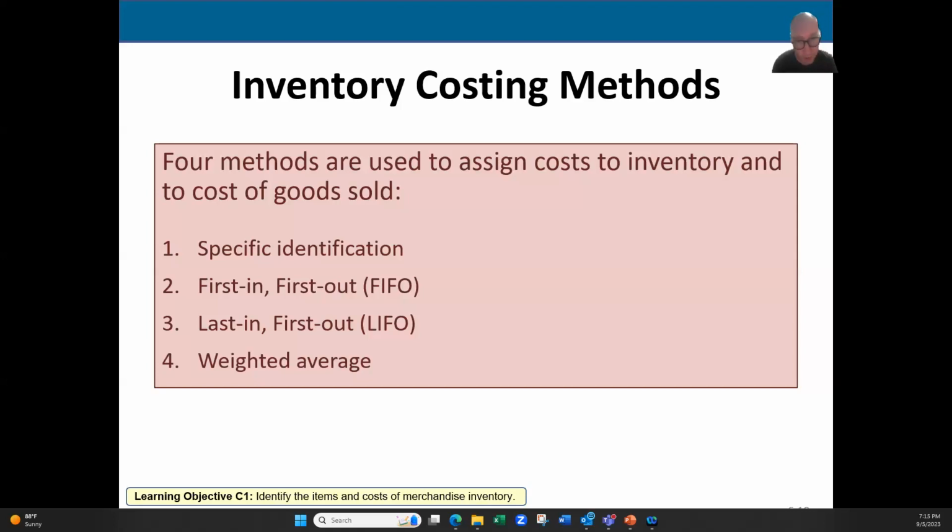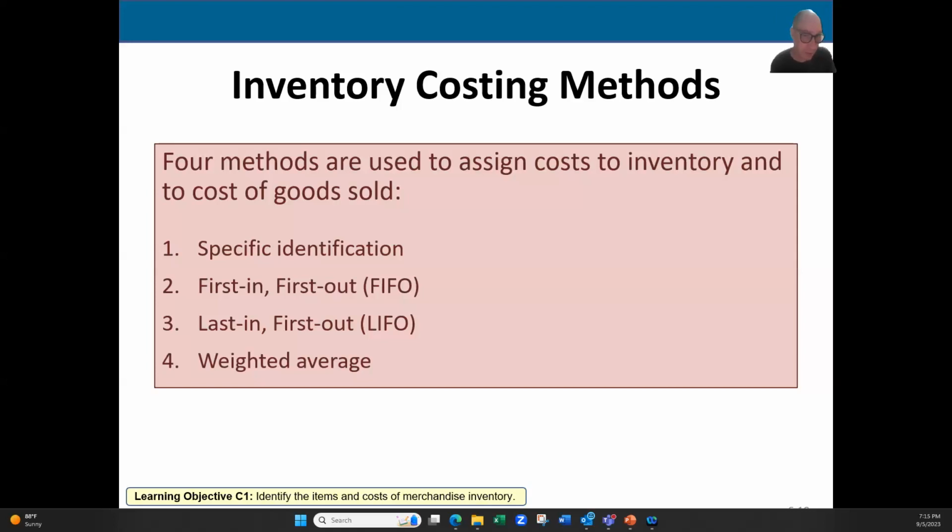These are large unique items like vehicles, appliances. The costs related to specific identification is usually the purchase price plus some of those things we just talked about, the little extras.